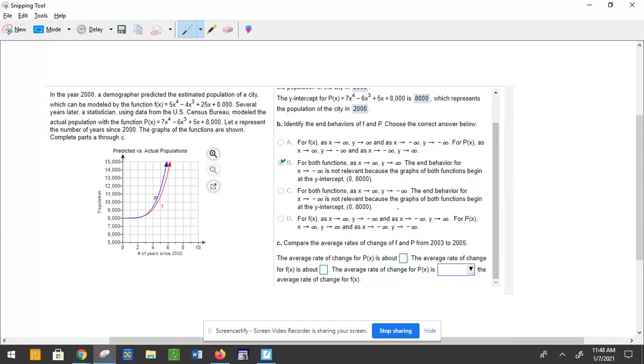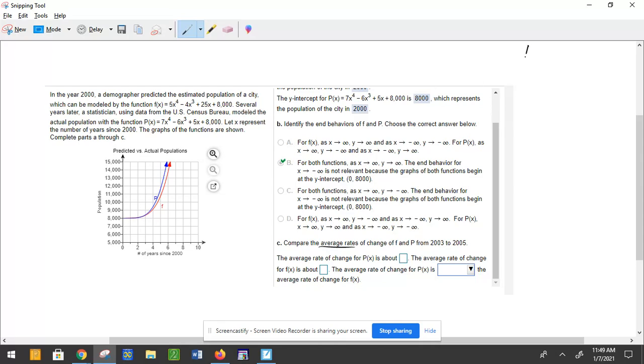It says compare the average rates of change for both functions, f and p, from 2003 to 2005. When we're talking about average rate of change, there's a formula from the notes, but essentially it's just a slope formula. So I need two ordered pairs.